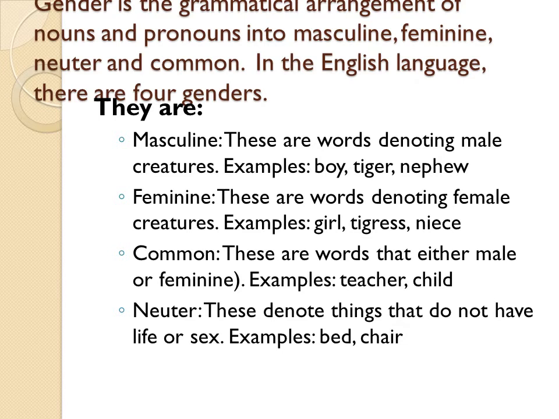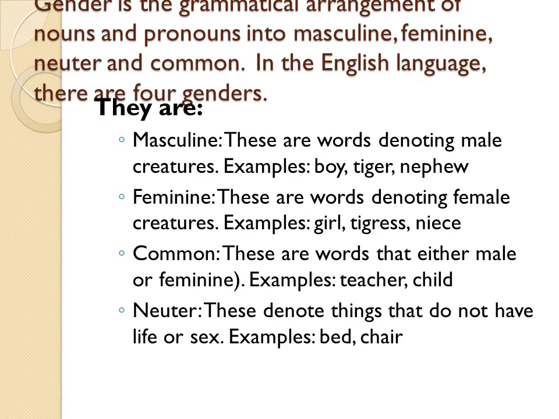Okay? And then we'll also look at what we call the neuter gender. The neuter genders are words denoting things that do not have life or sex. So they indicate things that do not have life. They are lifeless, they don't have any sex.